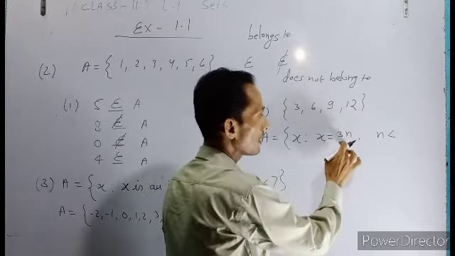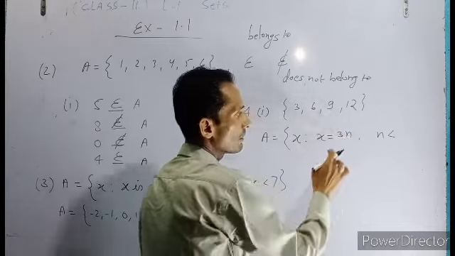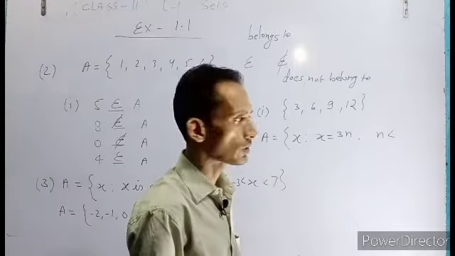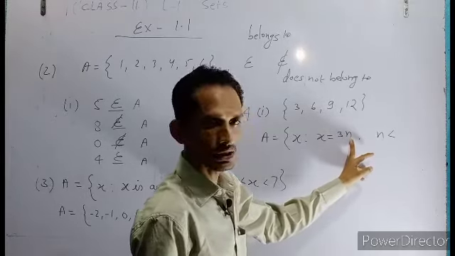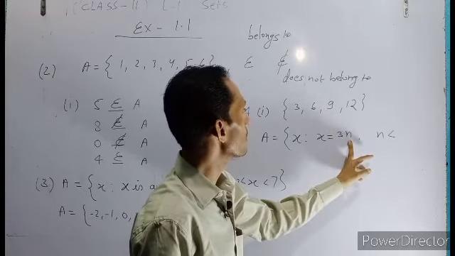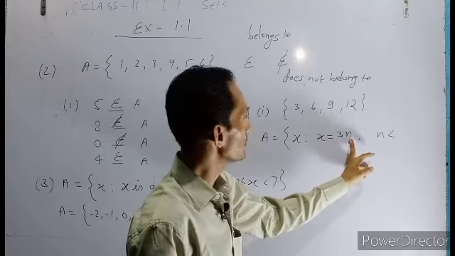If we put n equal to 1 we get the first multiple, n equal to 2 the second multiple, n equal to 3 the third multiple, and n equal to 4 gives the fourth multiple, 12.